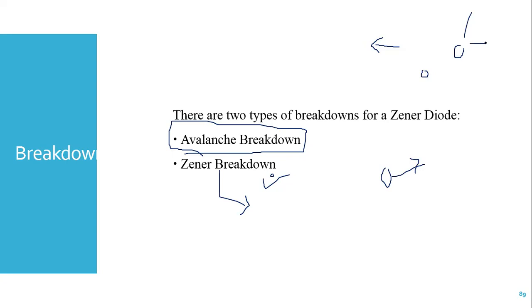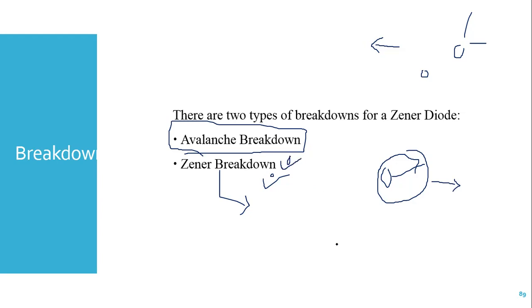It's not like that. Electrons become free only due to the effect of electric field intensity, and that's why heat is not produced, and if heat is not produced, the junction is not going to be damaged. This holds up to the Zener breakdown voltage.